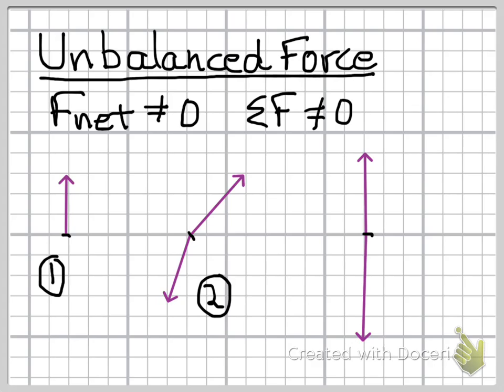It's not 0. And in example number 3, the vector going downward has a magnitude maybe of 5 newtons, while the vector going upward only has a magnitude of 4 newtons. So again, that would be an unbalanced force with a net force going down as 1 newton.